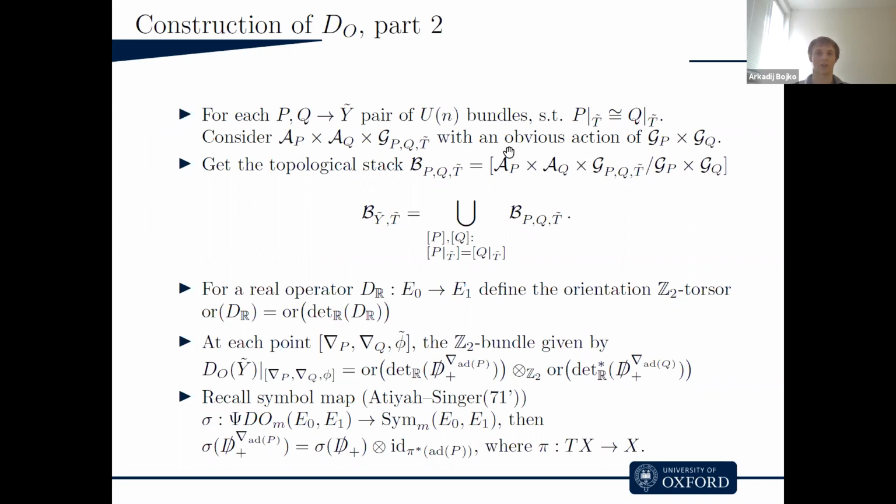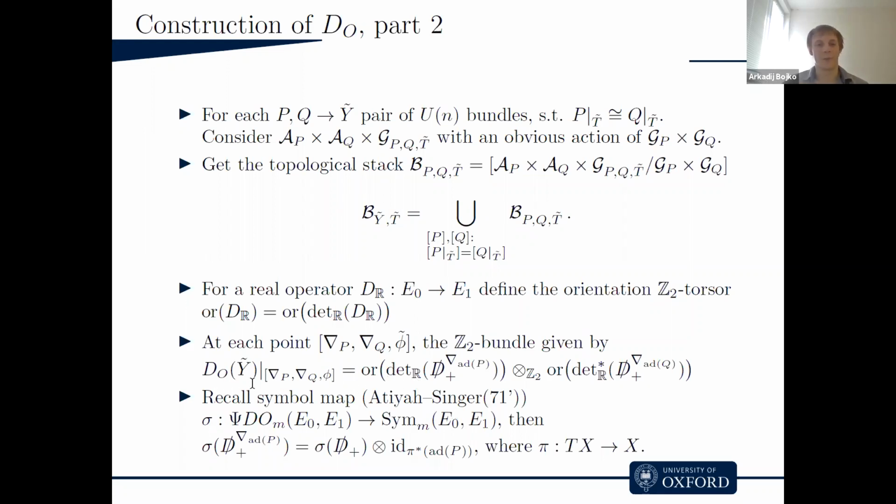So a point of this moduli stack is given exactly by a product of the orientation torsors of the positive Dirac operators twisted by the connection of the adjoint bundle for the principal bundles P and Q.